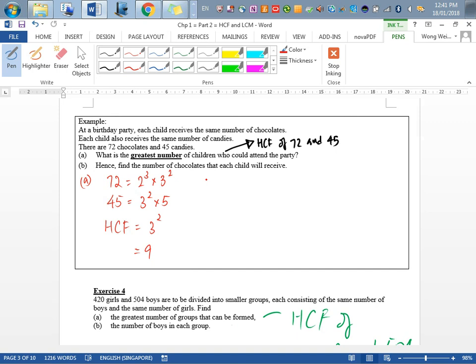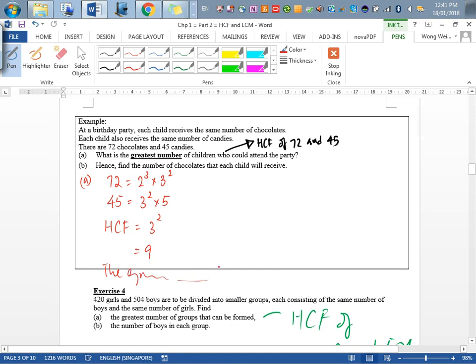So to answer this question, what is the greatest number of children who could attend the party? Yeah, we know the value is 9. But what do you learn in primary school? Do you need to write statements? But right now, I don't need you to write full statements. I don't need you to write the greatest.